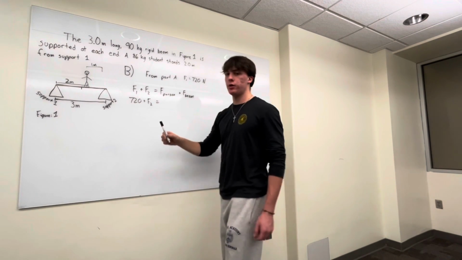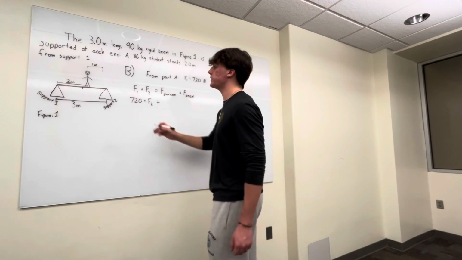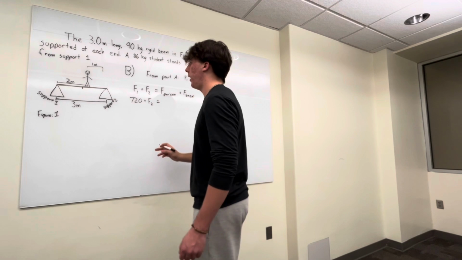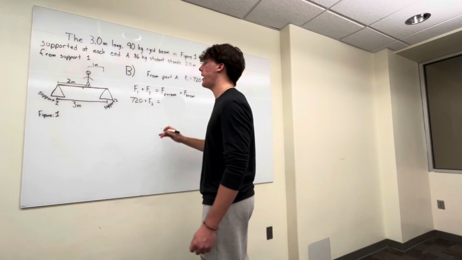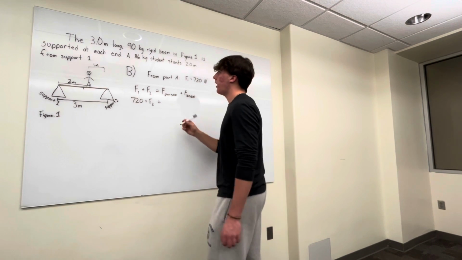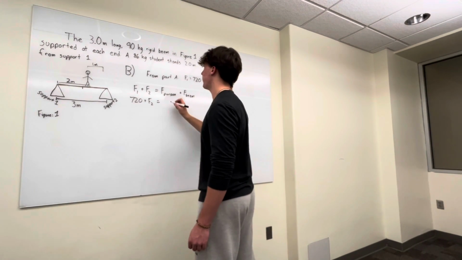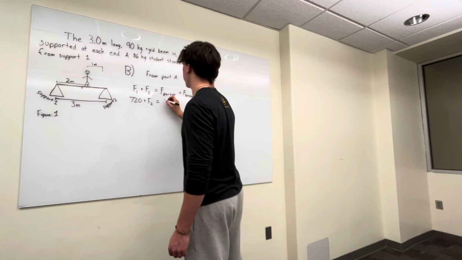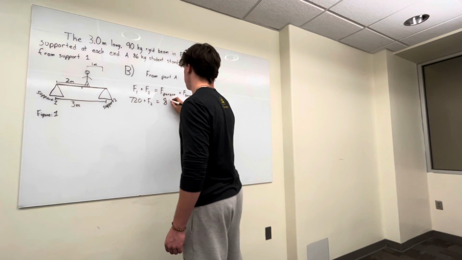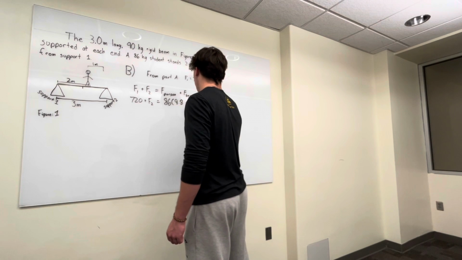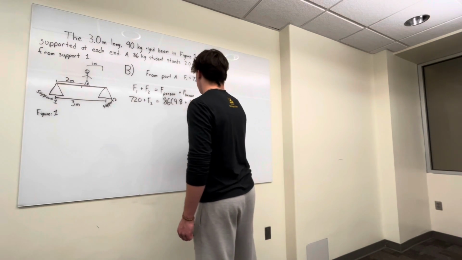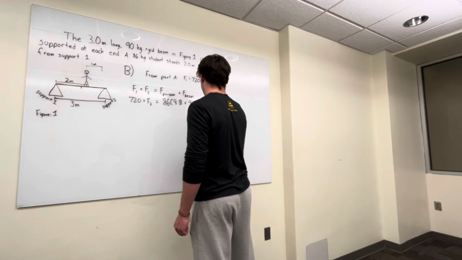This time there will be no radius though, because we're not rotating, since it's not torque, the radius doesn't matter, it's just the force. So the mass times gravity: for the person, we have 86 times 9.8 plus 90 times 9.8.